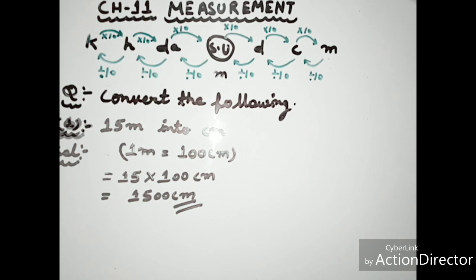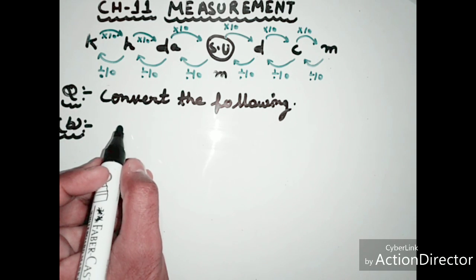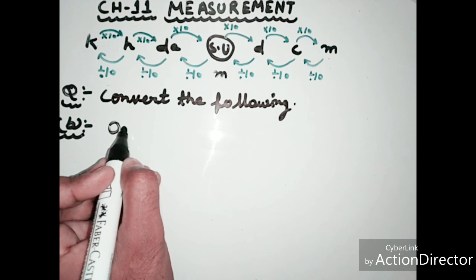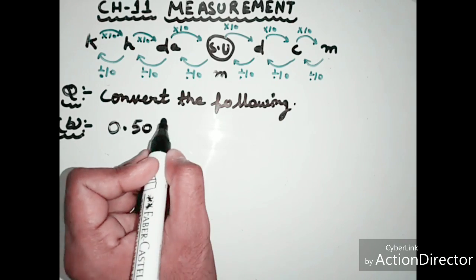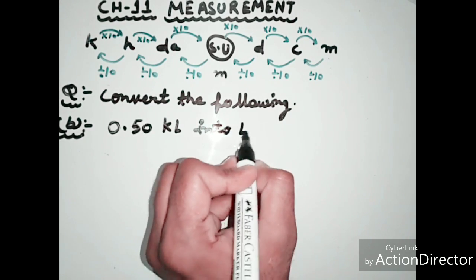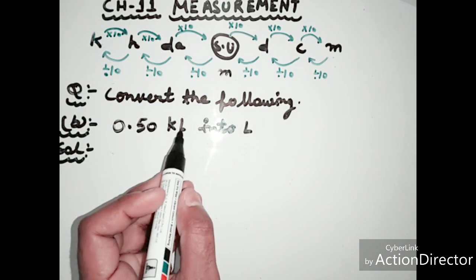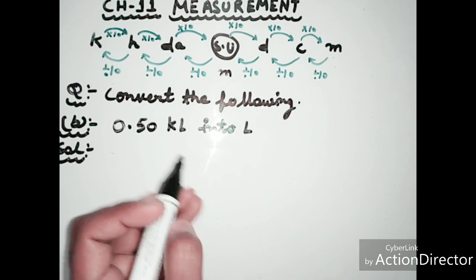Now, example number B. Here we convert 0.50 kiloliter into liter. So here first we check how many liters in 1 kiloliter.